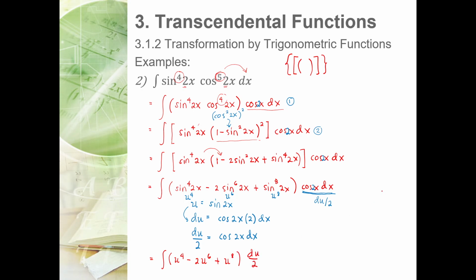So you can just put 1/2 outside: 1/2 integral of u to the power of 4 minus 2u to the power of 6 plus u to the power of 8 du. So you can now integrate and multiply 1/2 to each term.